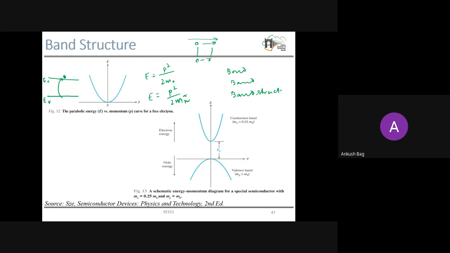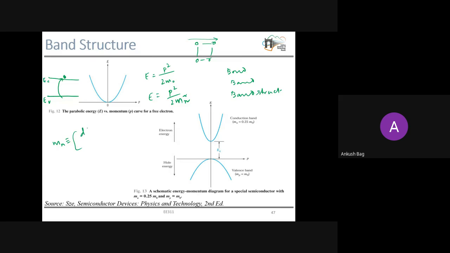Now if we try to quantify this effective mass, from this equation we can easily quantify the effective mass of your electron or hole. It will look something like this.